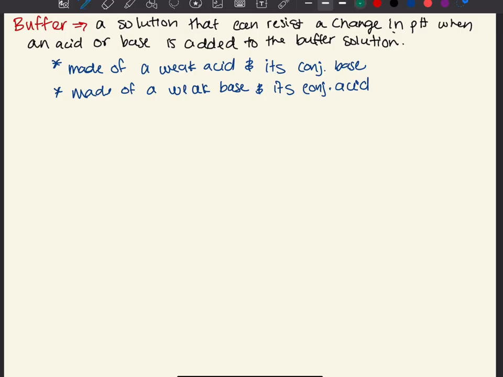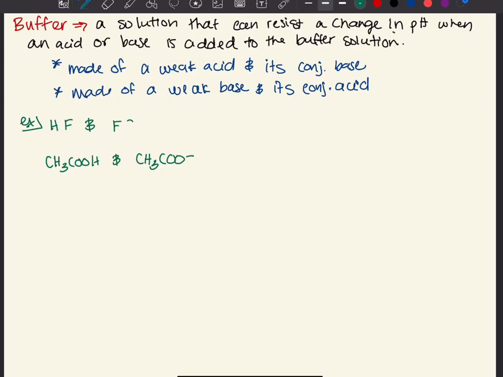So if we look at an example, we could have something like hydrofluoric acid and fluoride. That could make up a buffer because it's made up of a weak acid and its conjugate base. You could have something like acetic acid and acetate.